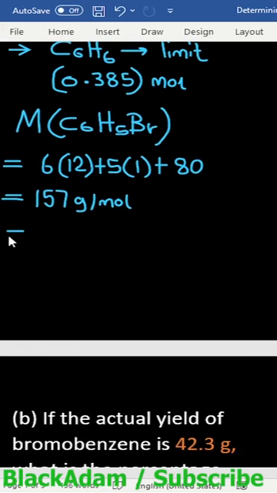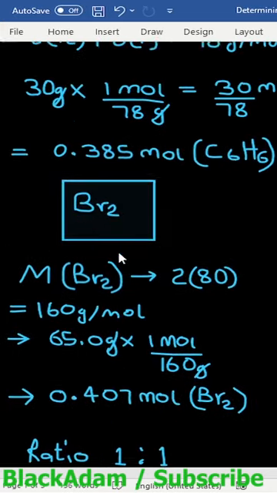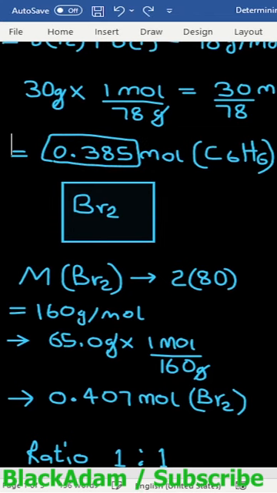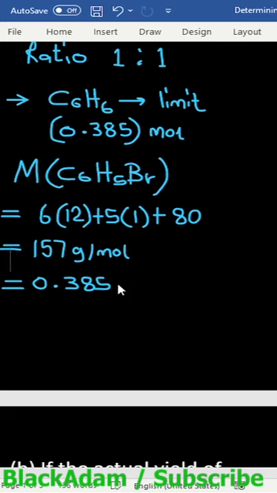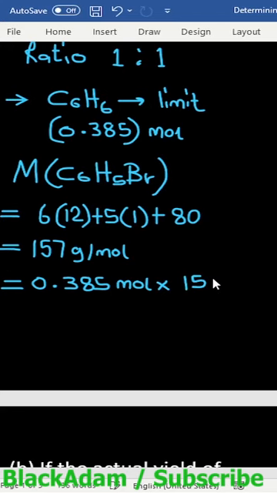What we have right now is 0.385 mole, so let's find the mass.